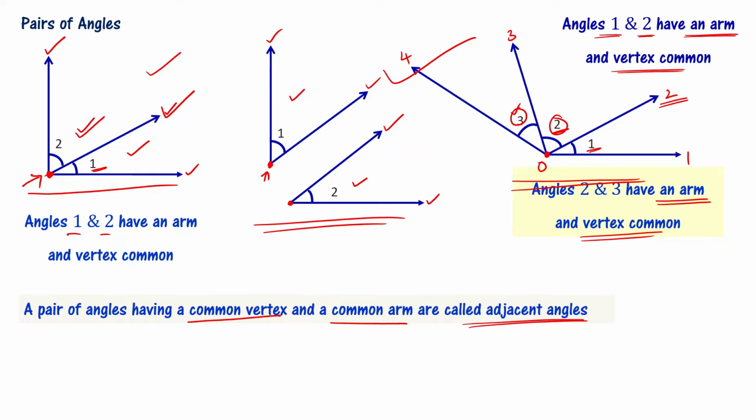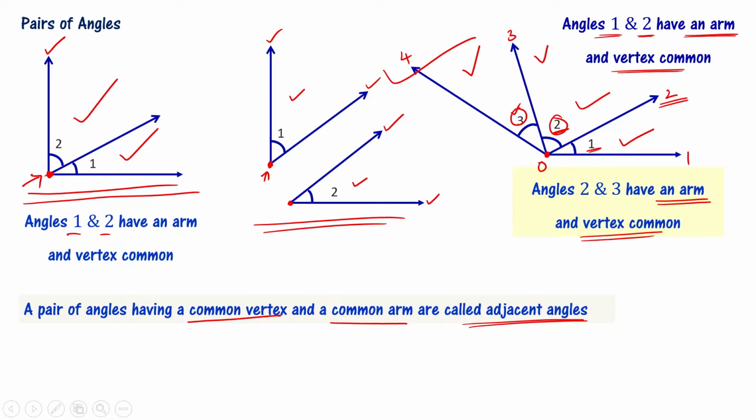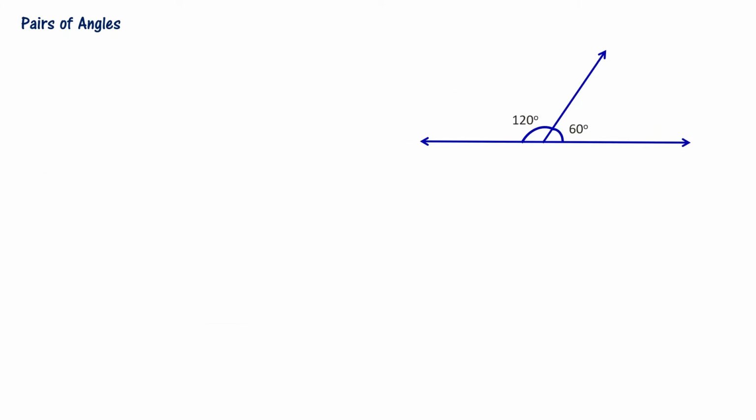Please note this. It means angle 1 and 2 in this first picture are adjacent angles, right? When it comes to the last picture, you see angle 2 and angle 1 are adjacent angles. Similarly, angle 3 and angle 2 are also adjacent angles, right?